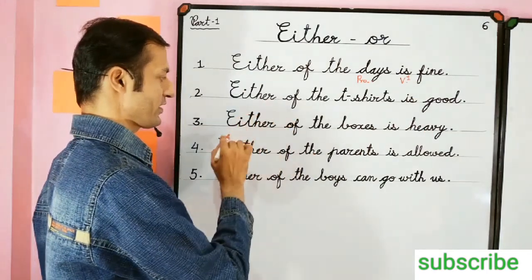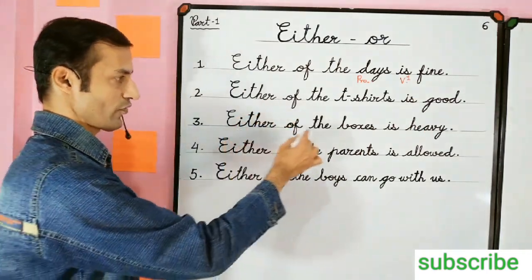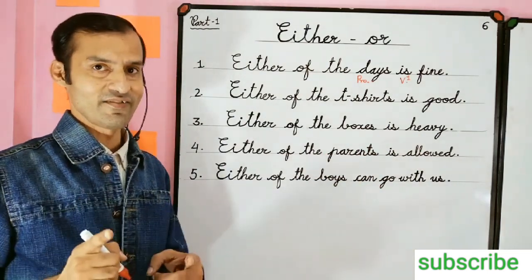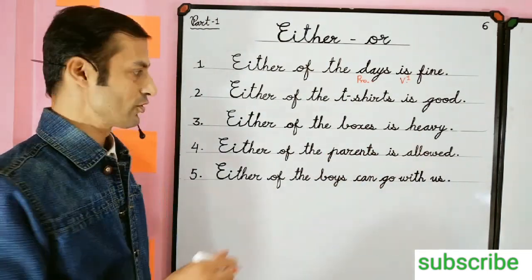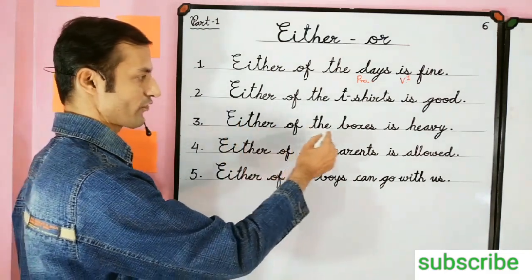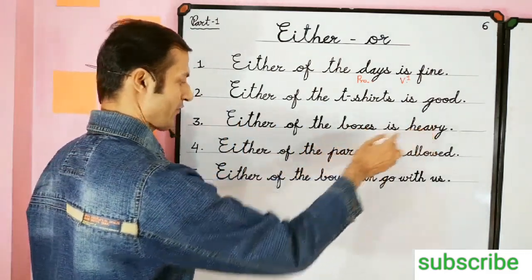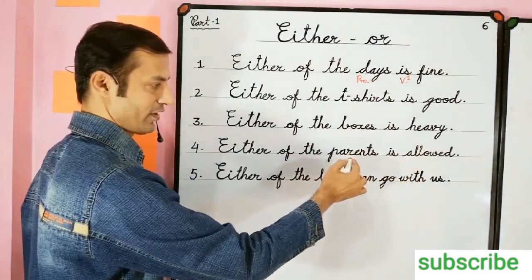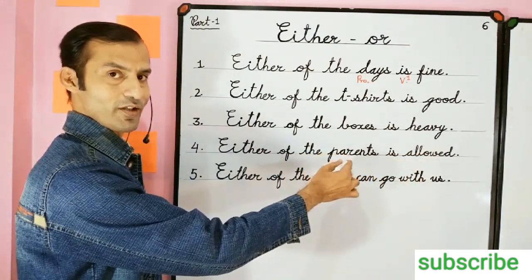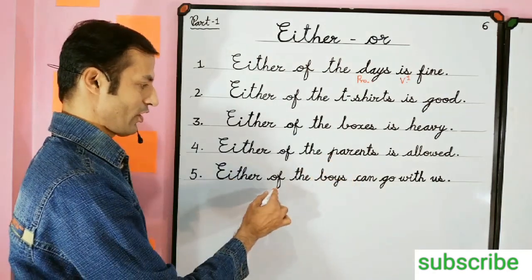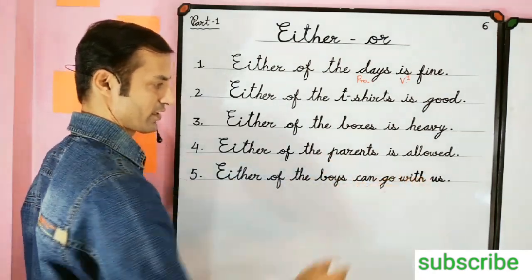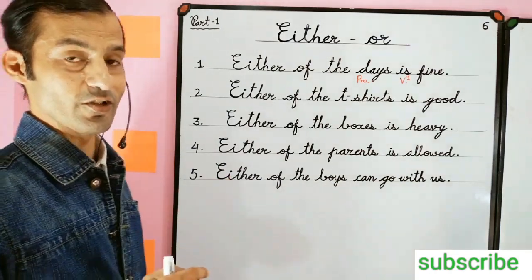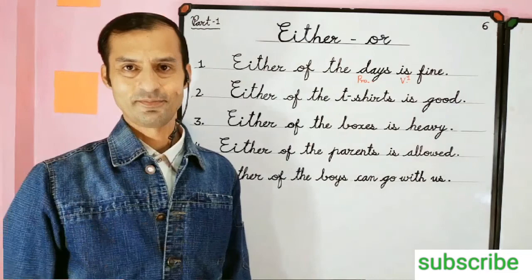So this is the right sentence. And the third sentence: either of the boxes is heavy, but not either of the boxes are heavy. This is the wrong sentence. So we have to say either of the boxes is heavy, and either of the parents is allowed, singular verb and plural indefinite pronoun, and either of the boys can go with us. So they are the right sentences because they show one choice between two things.